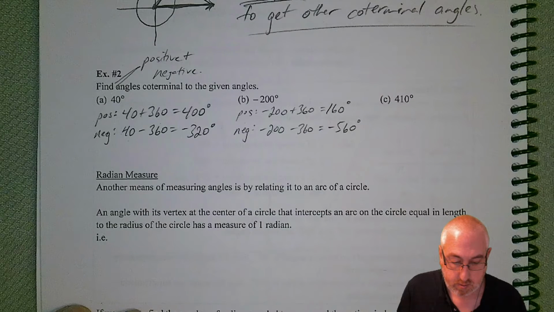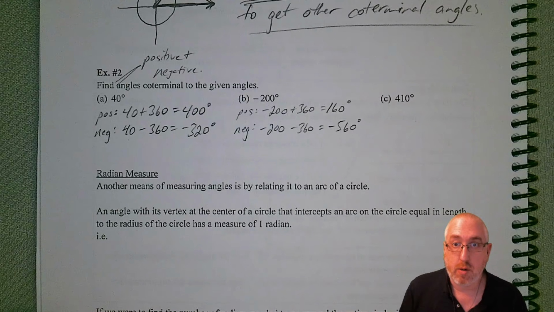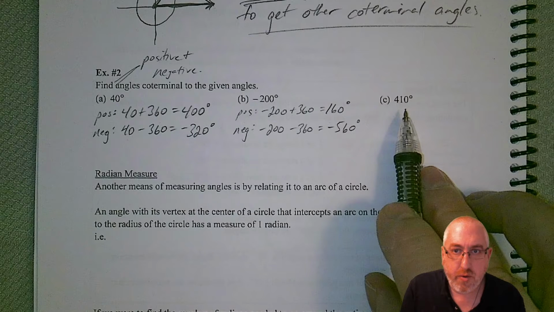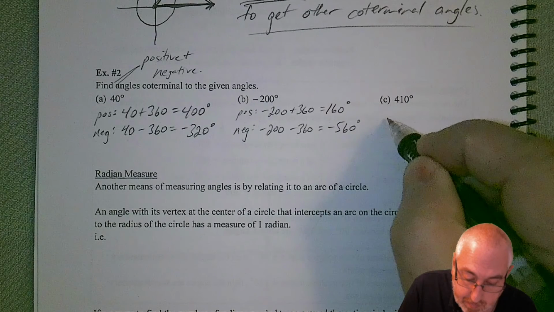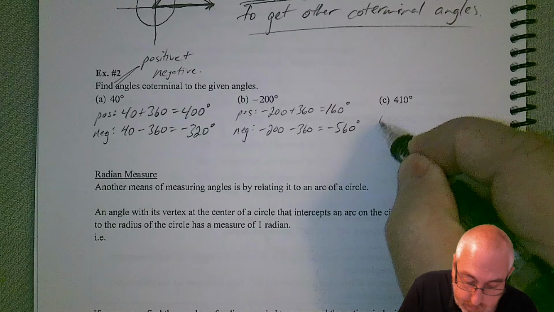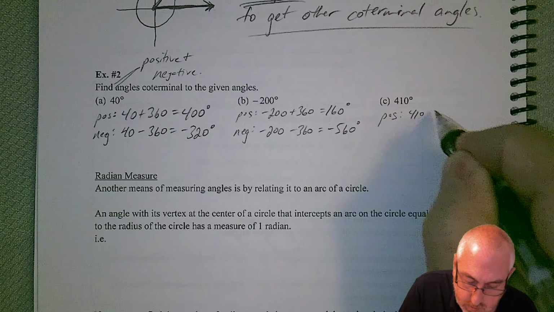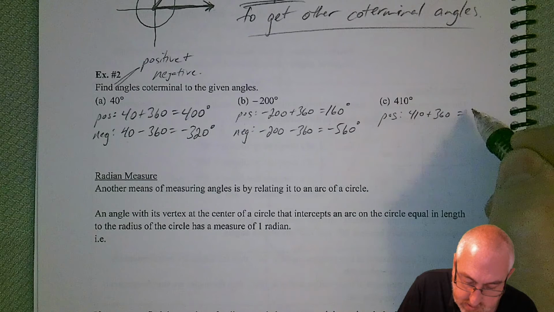So far so good, right? Well, look at this one though, 410 degrees. Now we can do the same thing. We can add 360 to this. So that's going to give us 770.